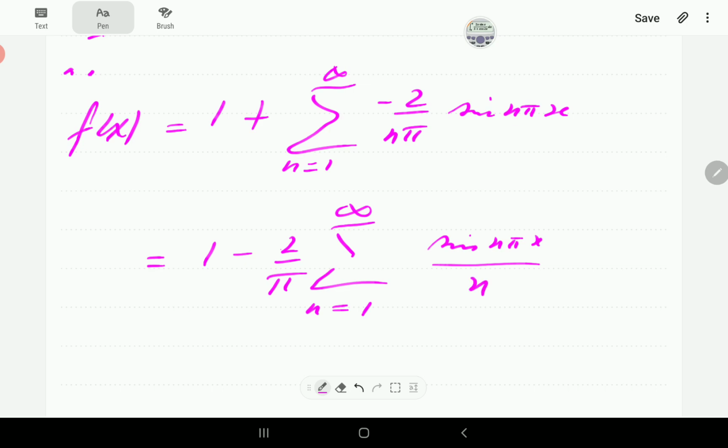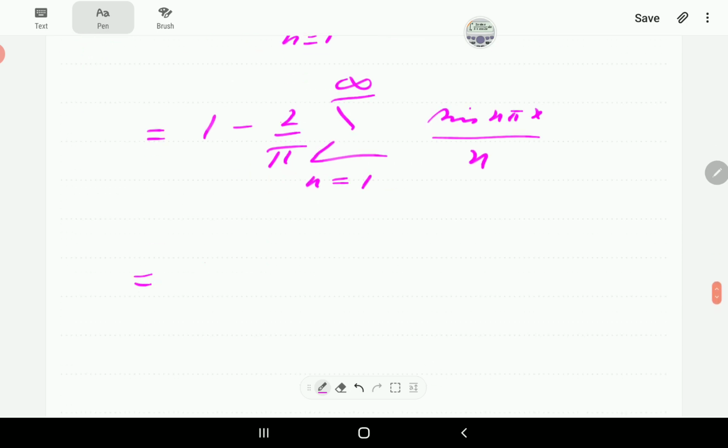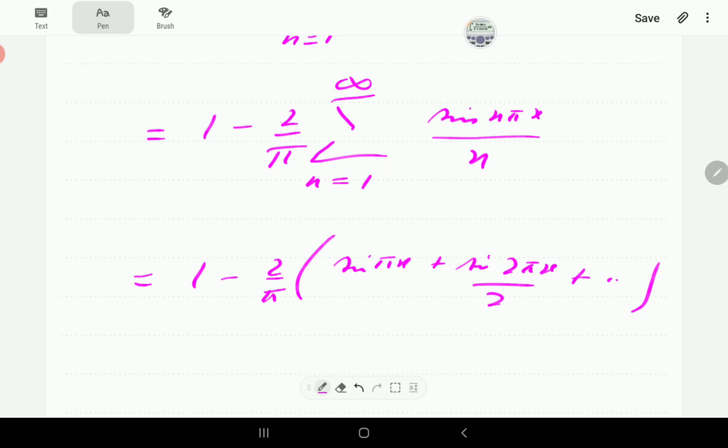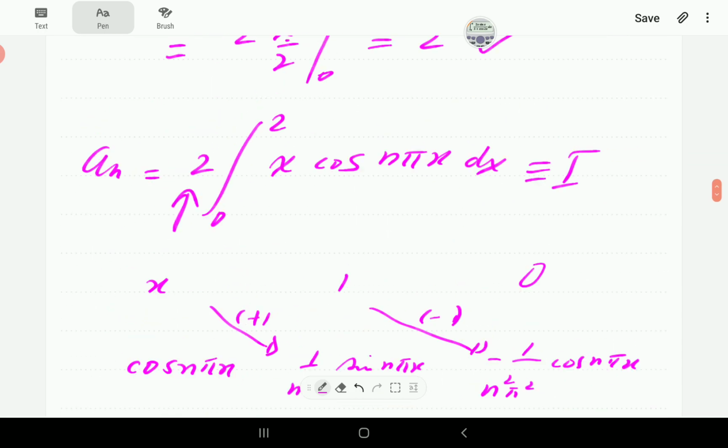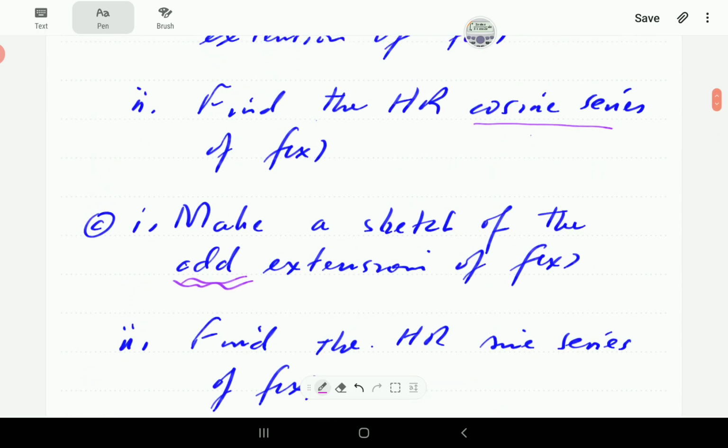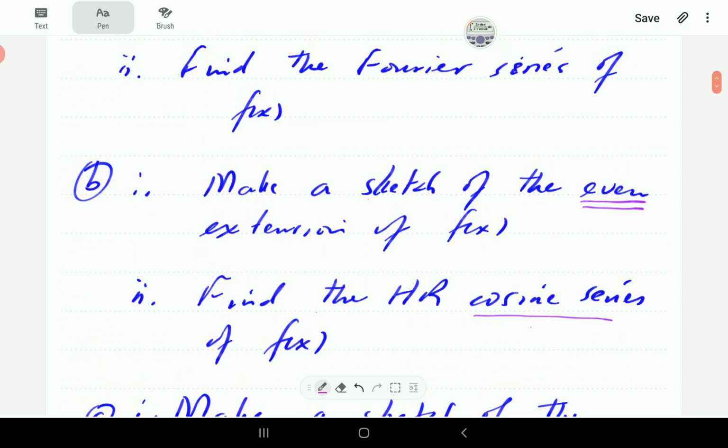So the first few terms of this 2 over pi are going to be sine pi x over 1, then sine 2 pi x over 2, then sine 3 pi x over 3, etc. So that's the full range expansion. So that completes question A. We're now going to go to question B.